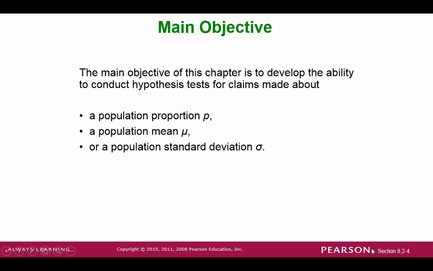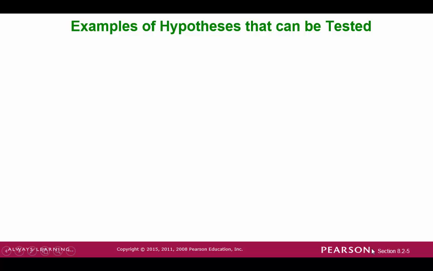The main idea in this chapter is to develop procedures to conduct hypothesis tests for claims made about a proportion, a population mean, or population standard deviation. Let's take a look at some examples of hypotheses that can be tested.